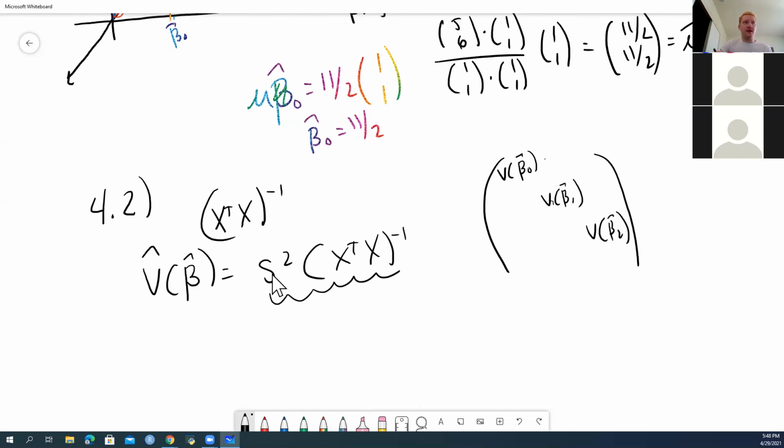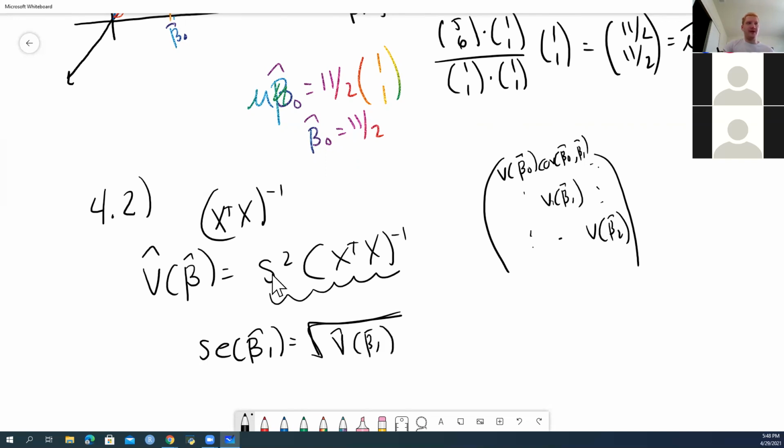And the off-diagonal entries are pretty obvious, like the covariance of beta naught hat with beta 1 hat, and so on. So you just grab all these. And for hypothesis testing, I know I'm almost out of time, the standard error of, for example, beta 1 hat is just the square root of the variance hat of beta 1 hat, which you can also get from the matrix very quickly.